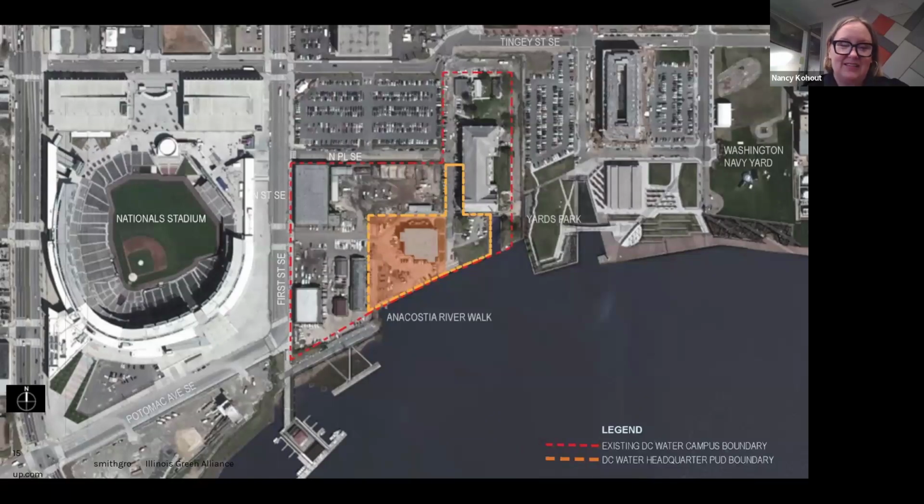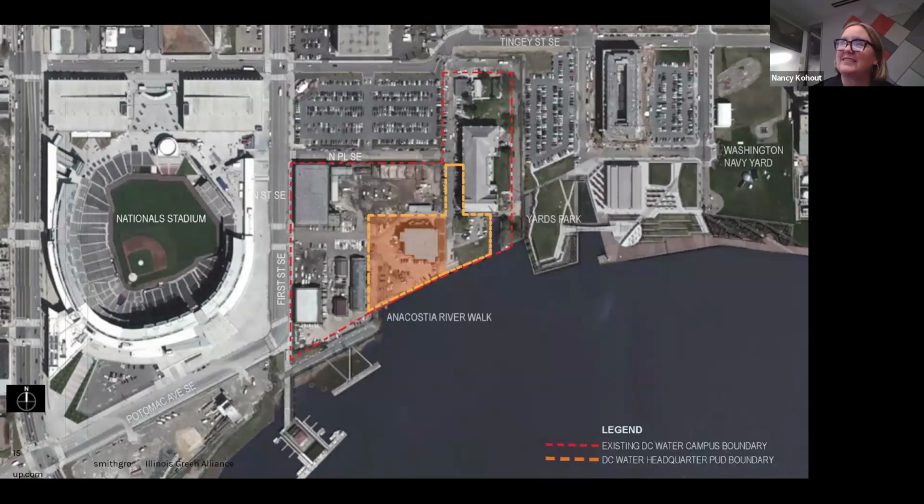What you see here is a bird's eye view of the site. The orange shaded area is where we put the building, and the red outlined area is the property of DC Water.